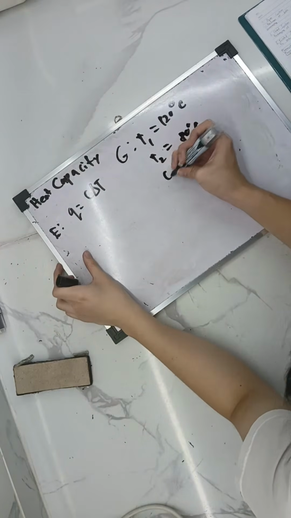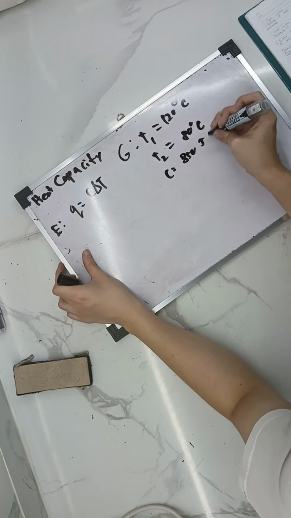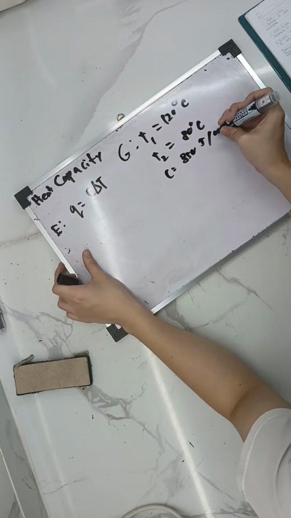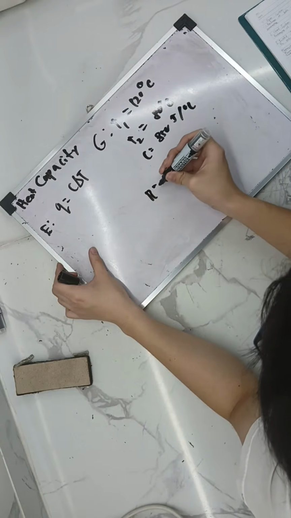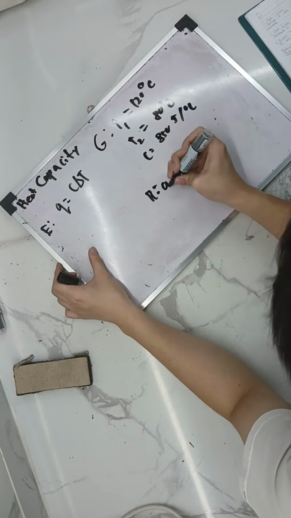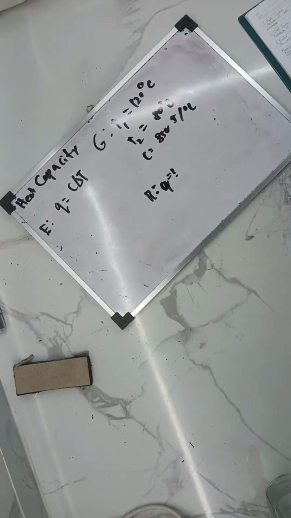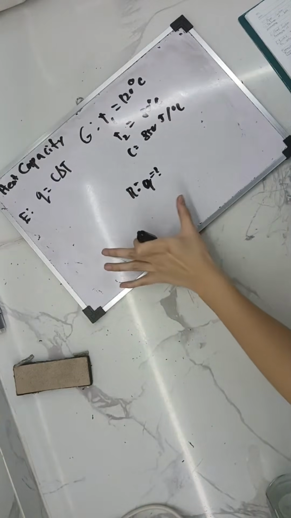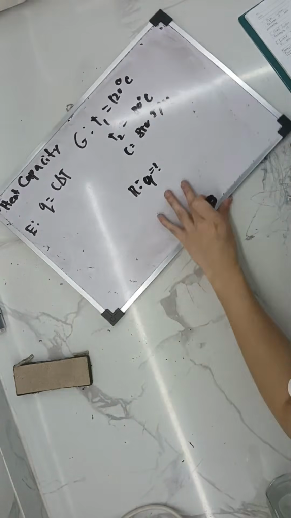And our C is equal to 850 joules per degree Celsius. Now our required is Q. We don't know what Q equals to, right? Oh, and that's my dog. So now that we have this, we're simply just going to do a quick solution.